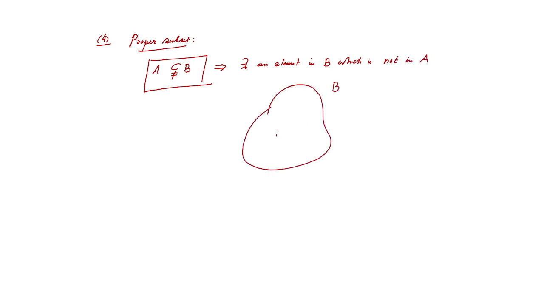A is a proper subset of B, represented by this symbol, means there exists an element in B which is not in A. This is your B, this is your A. Obviously A is a subset of B, but there exists an element x which belongs to B but does not belong to A. If we satisfy these two conditions, then we call A a proper subset of B.